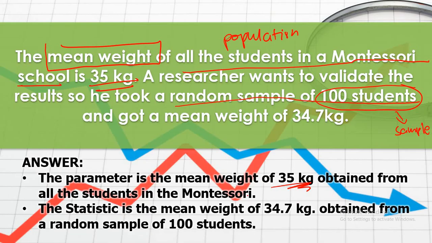Meanwhile, for the statistic, we are talking about another value, the sample weight, 34.7 kilograms obtained from a random sample of 100 students. Now, this is the case where the parameter is obviously specified in terms of numbers, unlike the first few examples wherein we described the parameter in terms of percent, proportion, and mean, with the word all.